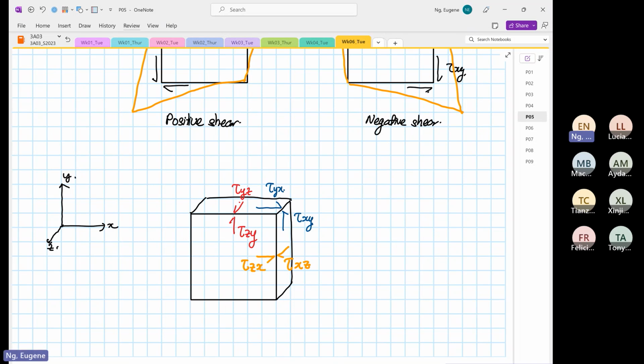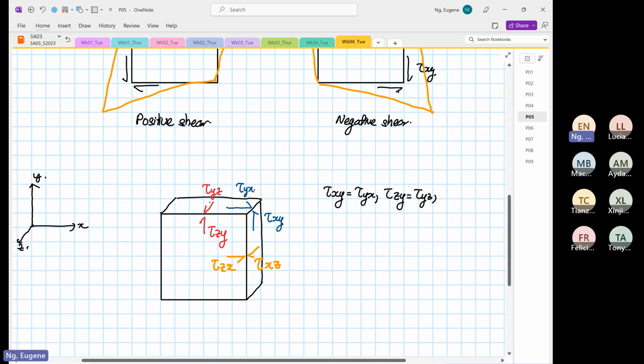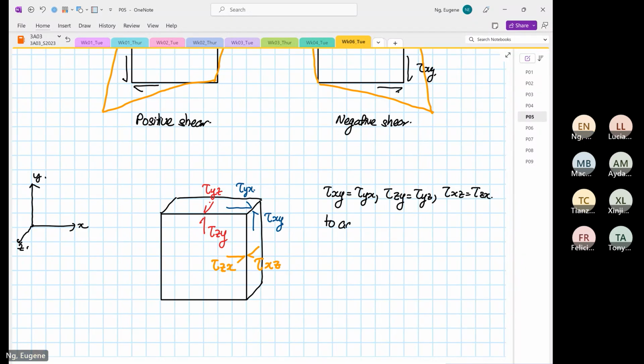Okay. And one thing is for sure, always the fact that shear XY, regardless whether it is 2D or 3D, okay, and shear ZY is equal to shear YZ, and shear XZ is equal to shear ZX to achieve equilibrium.